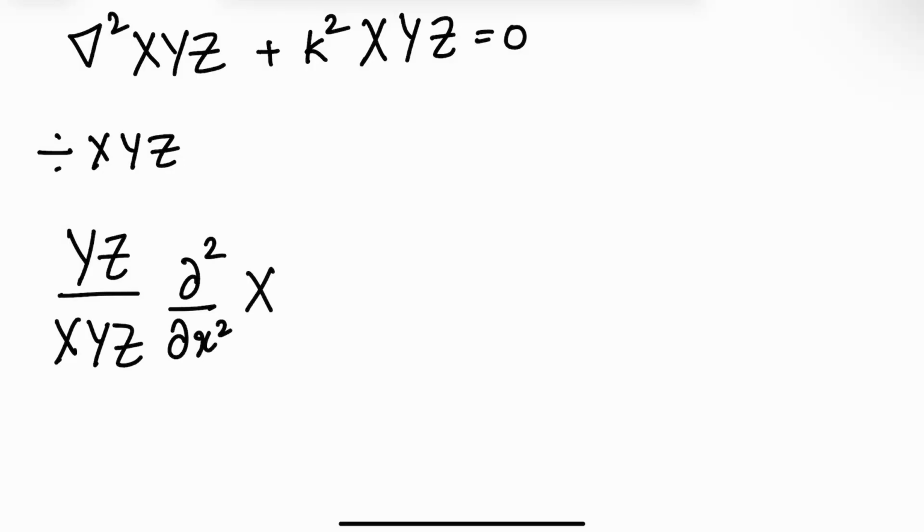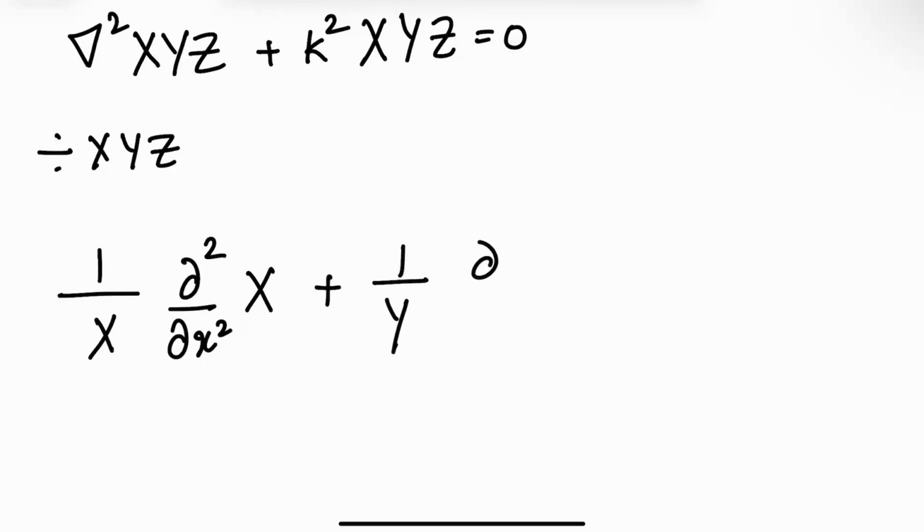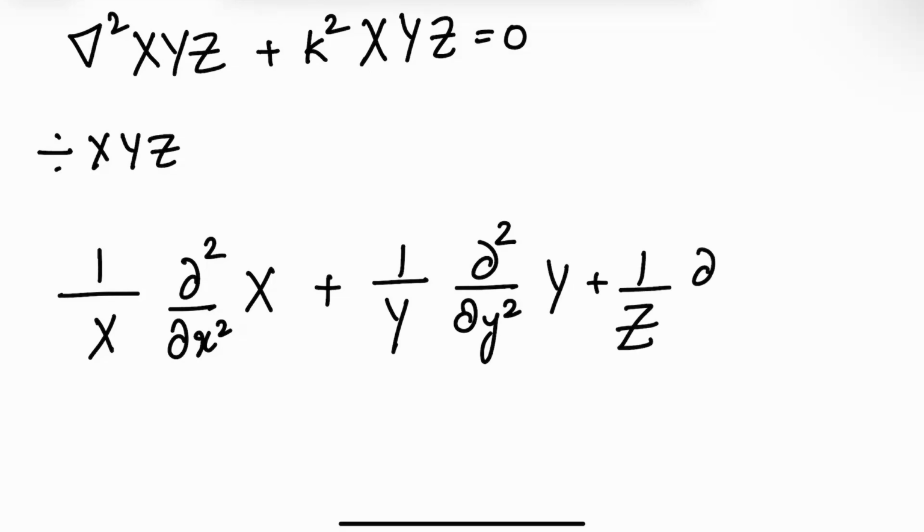But this is nothing but 1 over x, so I'm going to write it as 1 over x. And similarly, the other two terms: 1 over capital Y, d square over dy square of y, plus 1 over capital Z, d square over dz square of z, plus k square equal to 0.